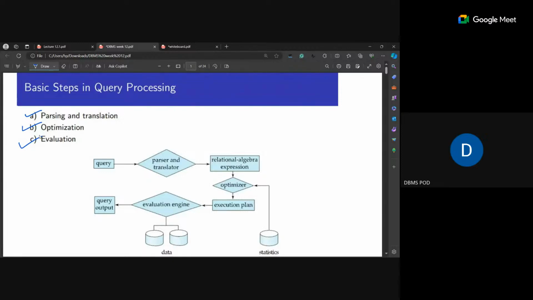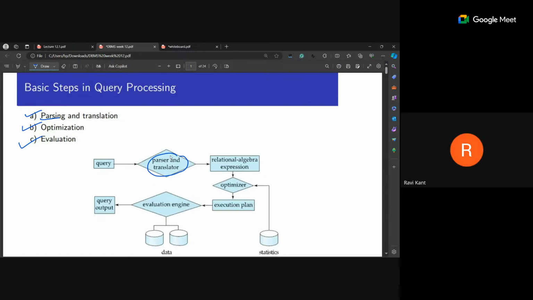If you write any query, it will check whether the syntax is correct or not. And semantic means, whatever you select, listed from table 1, table 2, whether table 1 exists in the database or not, all these things are checked by the parser. And what does translation do? It converts the query into the equivalent relational algebra expression, right? So parser and translator is clear for everyone.